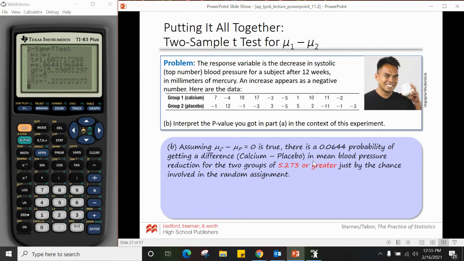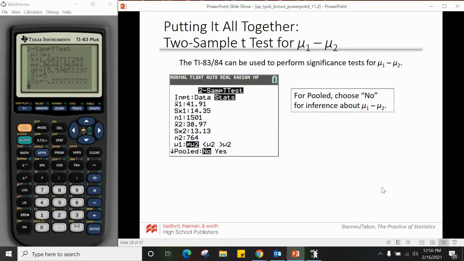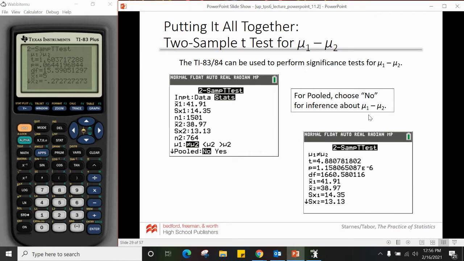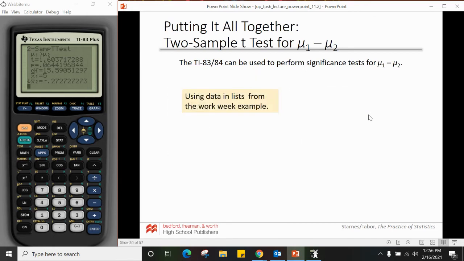I highlighted it again because, like I said, in chapter 9, we struggled with being able to interpret this p-value. So it's that value or greater. We kind of talked about it, but the pool choose no. I'm not going to really worry about that because we just went through a whole problem with it.